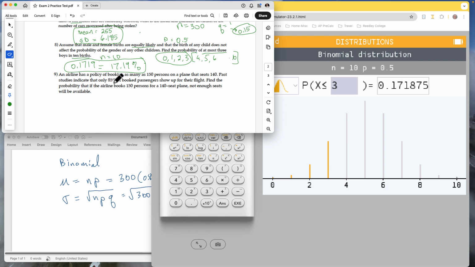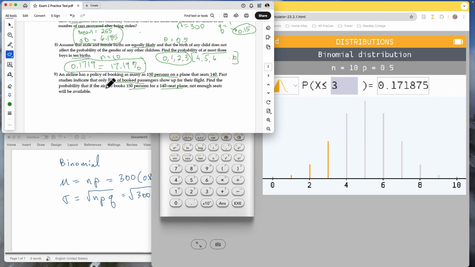An airline has a policy of booking as many as 150 persons on a plane that seats 140, called double booking, right? Past studies indicate that only 85% of booked passengers show up for their flight. Find the probability that if the airline books 150 persons on a 140-seat plane, not enough seats will be available.